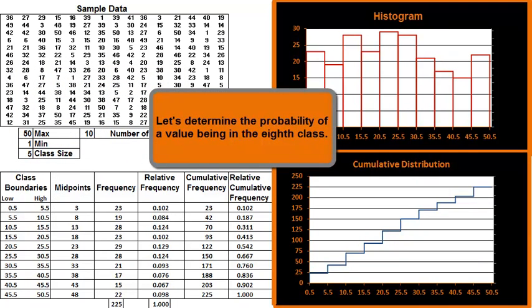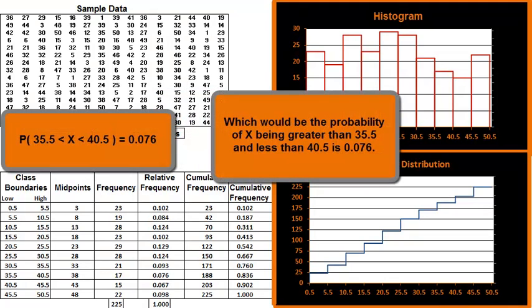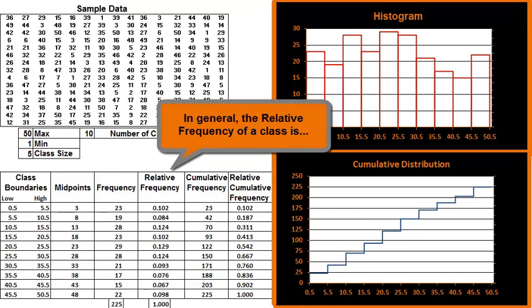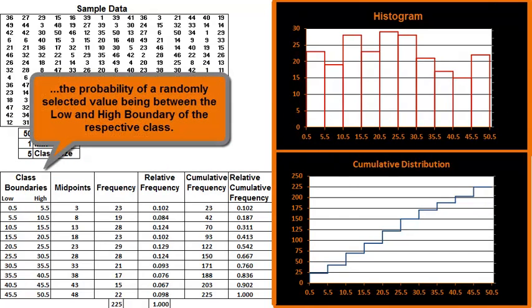Let's determine the probability of a value being in the 8th class, which would be the probability of x being greater than 35.5 and less than 40.5 is 0.076. In general, the relative frequency of a class is the probability of a randomly selected value being between the low and high boundary of the respective class.